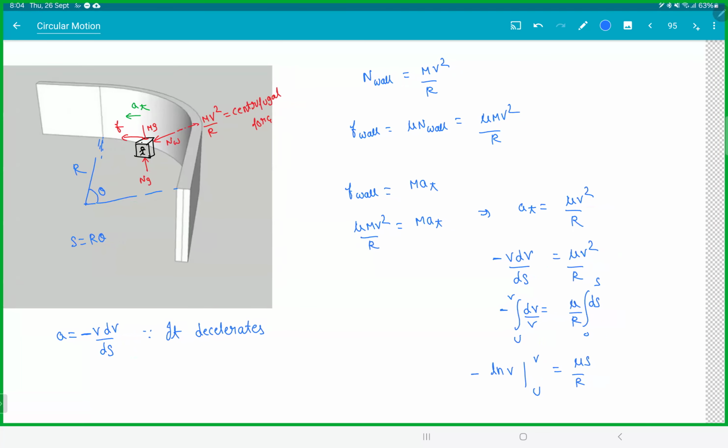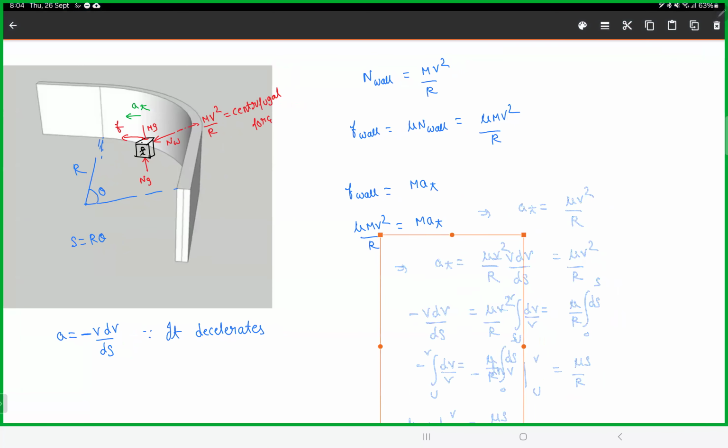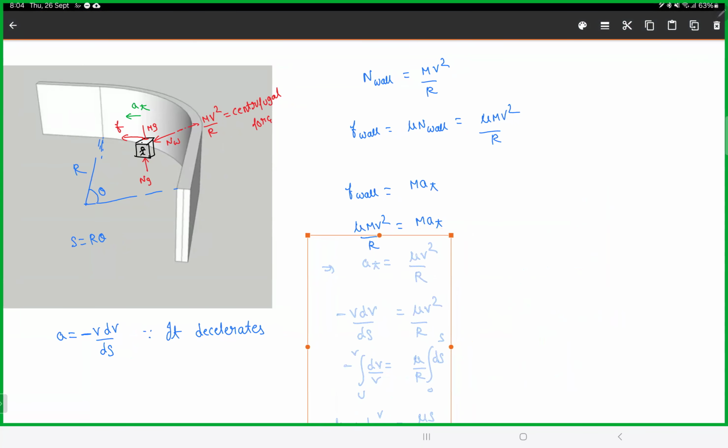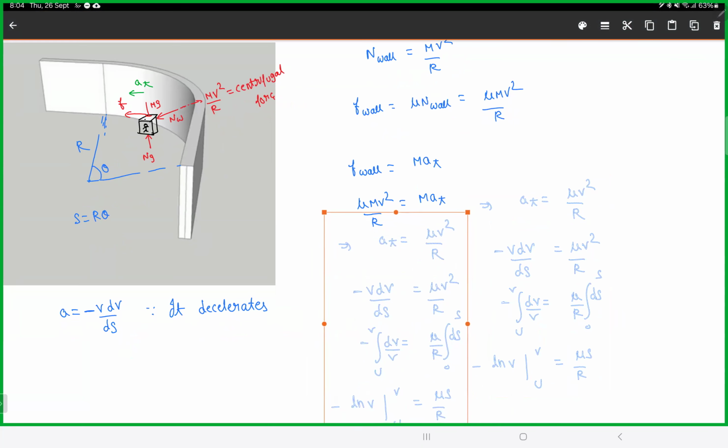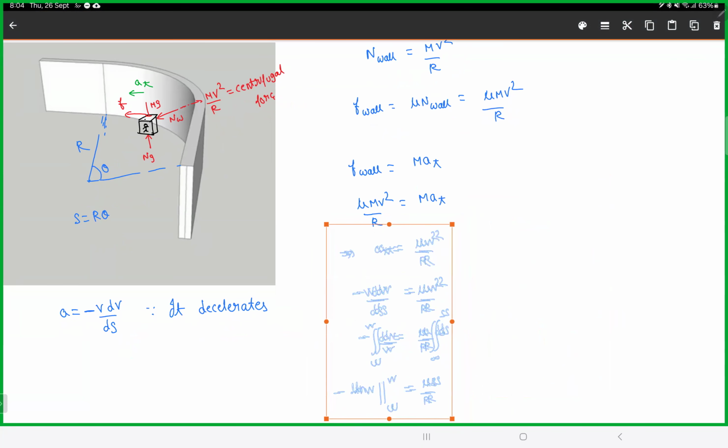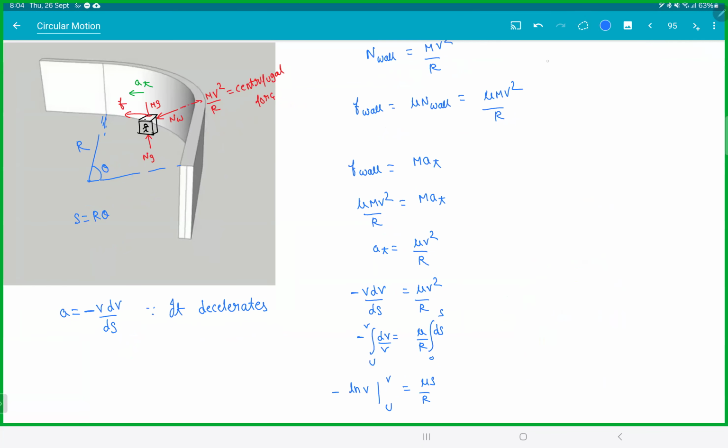So you will get ln v minus ln u, so that will be minus, ln V minus ln U is minus mu s by R. This will be ln V by U, but S is nothing but R theta.